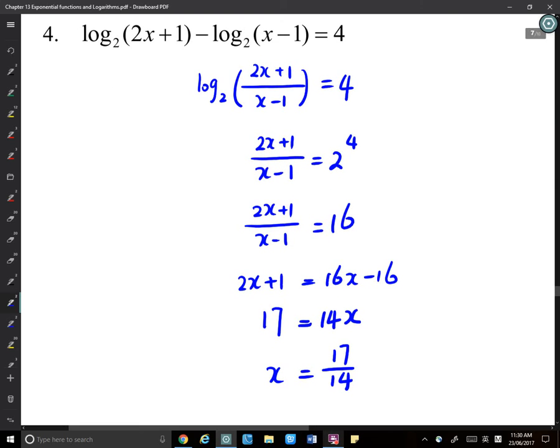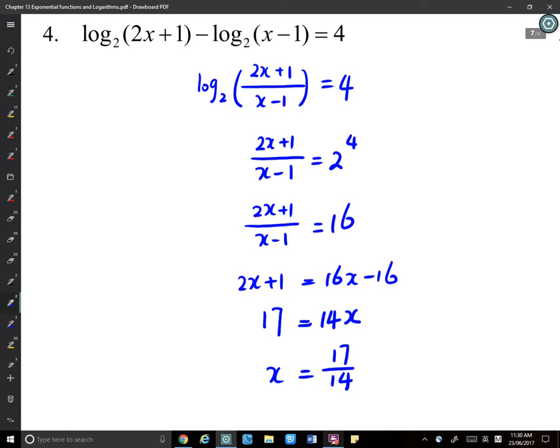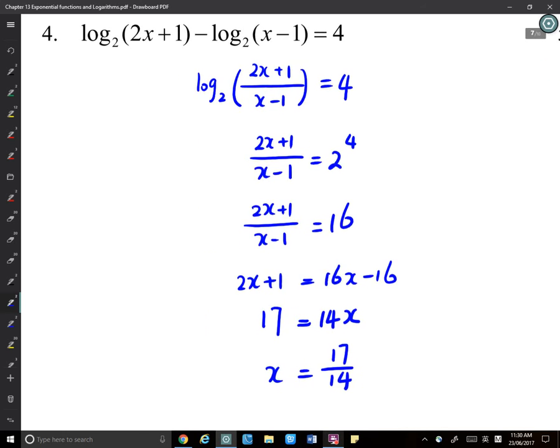You need to be very careful when solving log functions. Every time you solve a log equation, you need to put your x back into the original function to check whether it's suitable for all the domains. That's very important, because in exam 1, all the questions solving log equations will have 2 solutions.